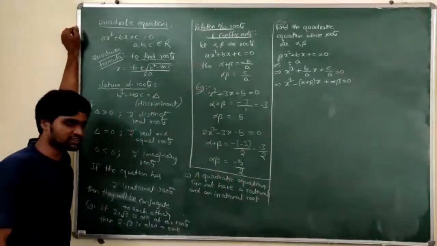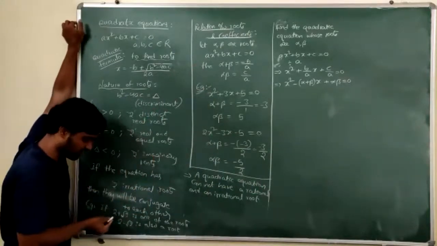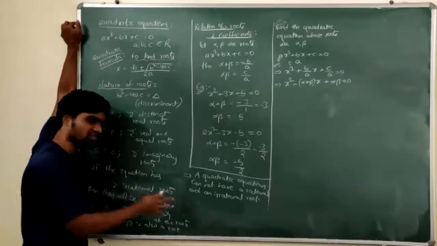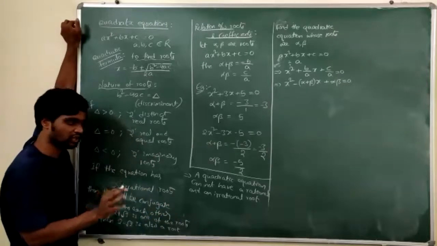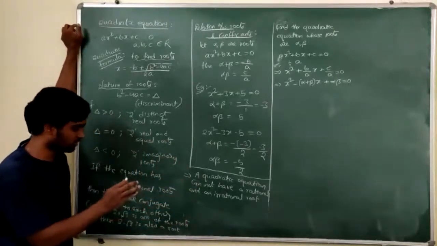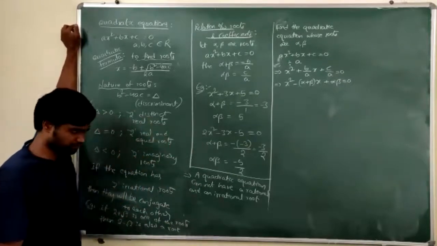Either the equation will have both rational roots or both irrational roots. Like I said, if 2 plus root 3 is one of the roots, then 2 minus root 3 will be the other root. There is no other possibility, such as one rational and one irrational root. Coming to imaginary roots also.